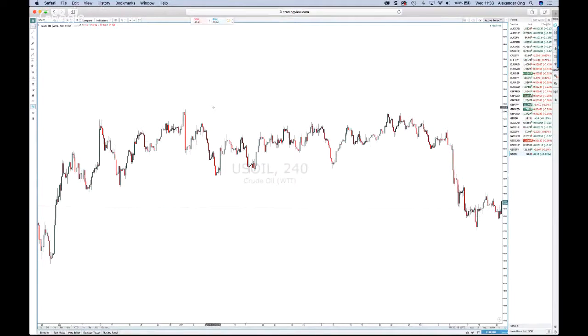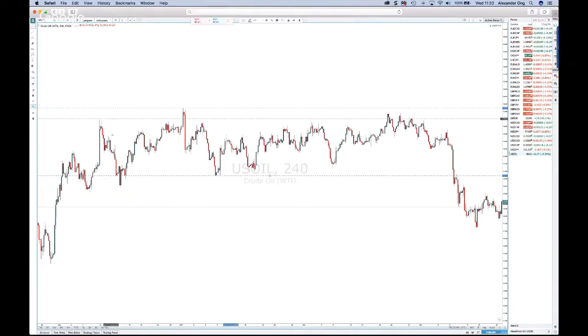So here, for example, this would be a resistance level. Down here, this would be a support level. Okay? That would be a support level. Move that up somewhat.